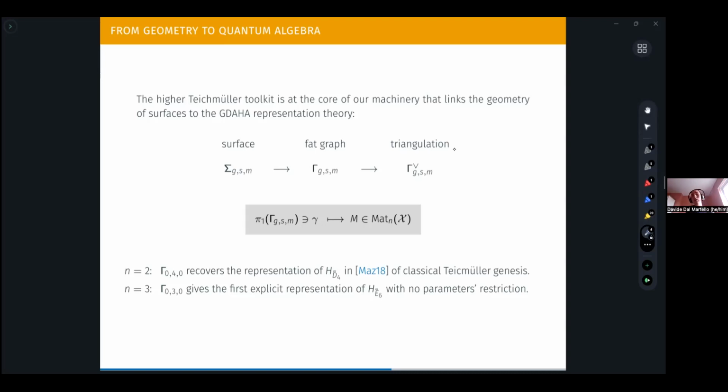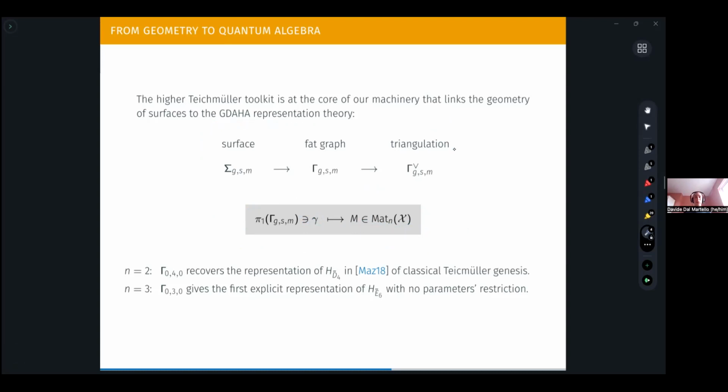And by doing so, we develop a sort of map that is sending paths on the surface to actual matrices. We're going to see this in a second, but basically these matrices, representing in a way paths, are going to be the candidate generators for my representation. Now, why is this machinery we constructed interesting?